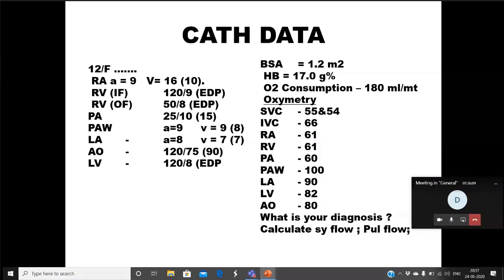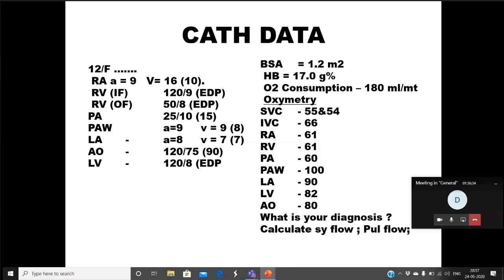Sir, in the splanchnic circulation, the extraction by the kidneys and the intestines is less compared to the upper body. When the patient is lying in the cath lab, the oxygen extraction of the splanchnic area, especially that of the kidney, is extremely low. So that is why you get a higher oxygen saturation in IVC.